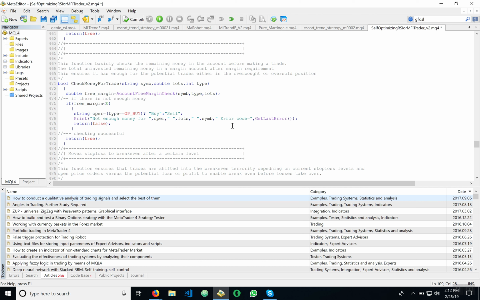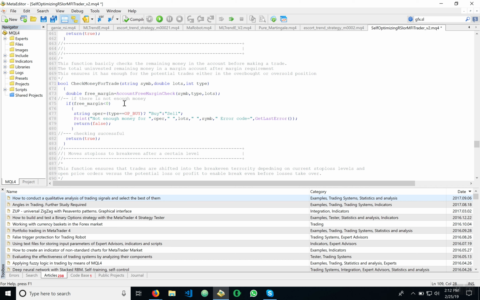So what this function basically does is check the remaining money in the account before making a trade, and that's the total uninvested money remaining in a margin account after the margin requirement. This ensures it has enough for the potential trades, either in the overbought or oversold position.